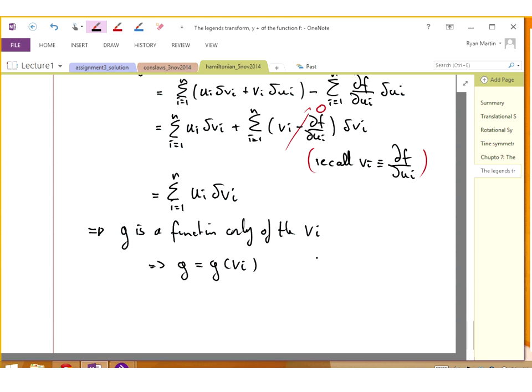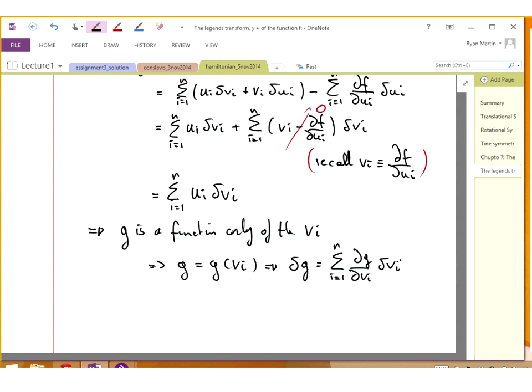So if g is only a function of the v_i, then I can write delta g, just as I did for delta f above. Delta g is equal to the sum from i equals 1 to n of the partial of g with respect to v_i, times delta v_i.